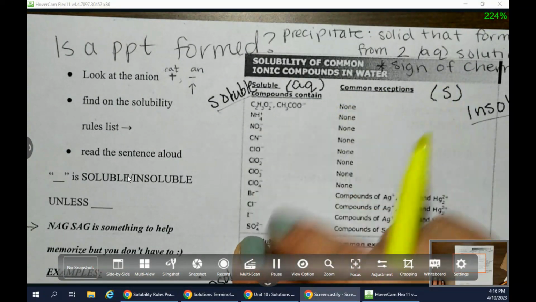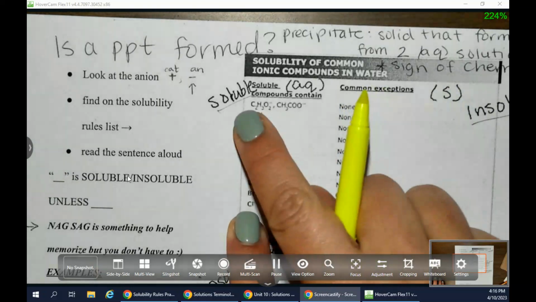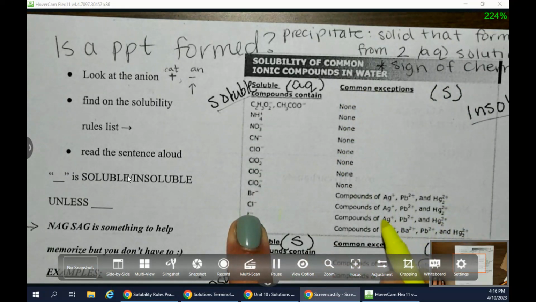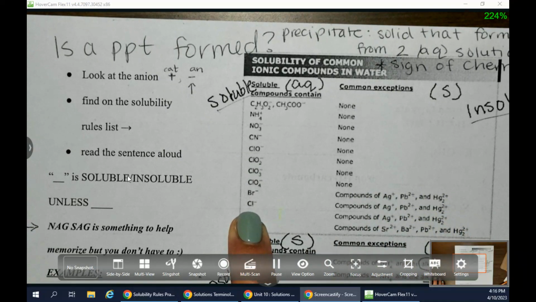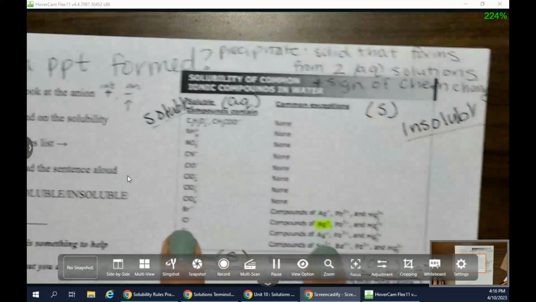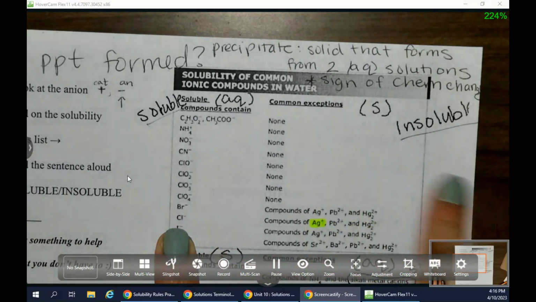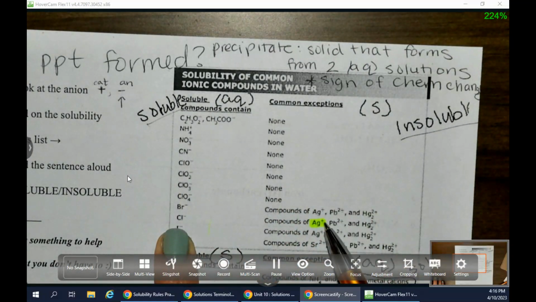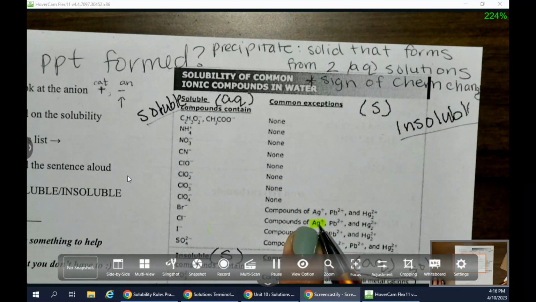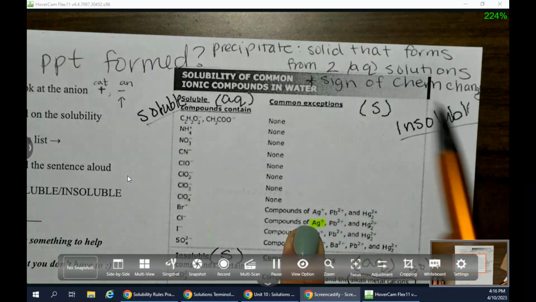Is that a precipitate? Not yet, right? So chlorine is soluble unless it's with silver, lead, or mercury. Is it with silver, lead, or mercury? It is. It's with silver. So we're going to use that to tell us what state of matter it is and if it's soluble or insoluble. So we did get the exception. What does that mean?